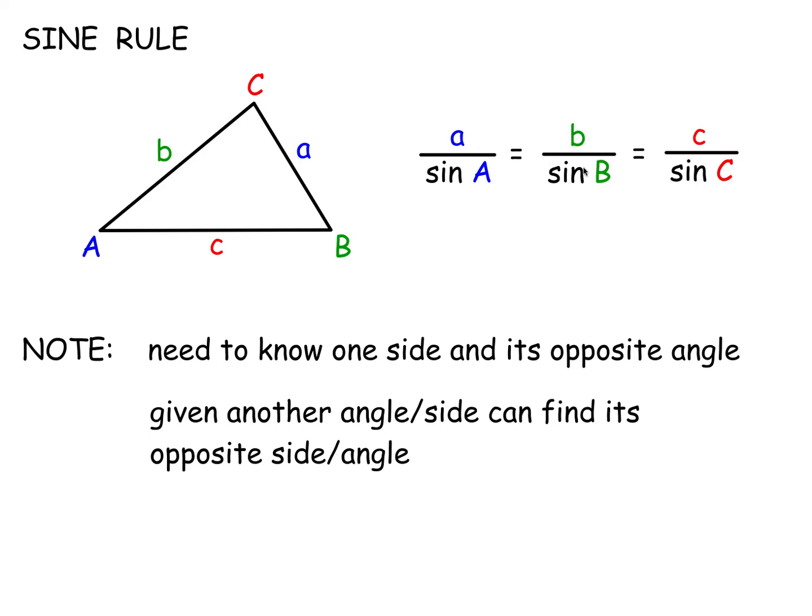So the other ratio here should be the same. So if you knew side b, you could work out angle B, knowing you get the same ratio. Or if you know angle B, you can work out side b. So you know one pair, you can get the ratio, and for one other piece of information, angle or side, you can work out another piece of information.